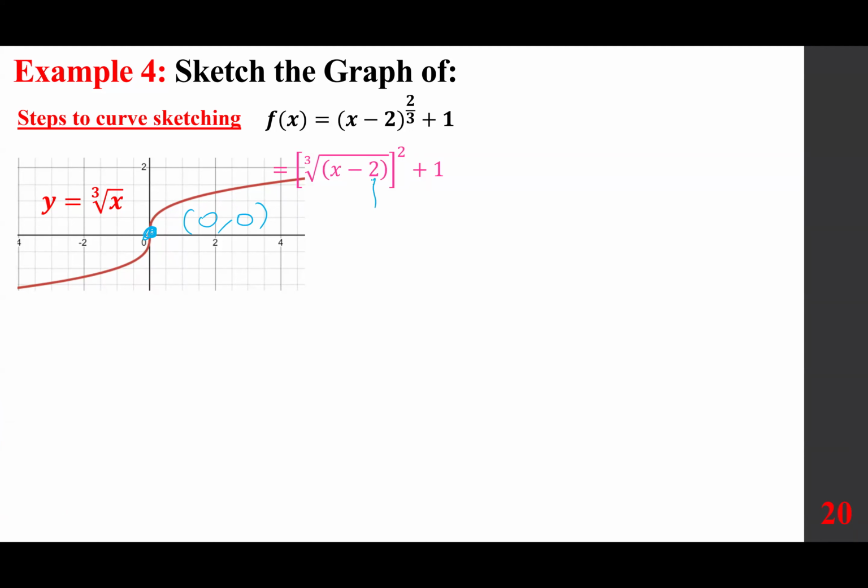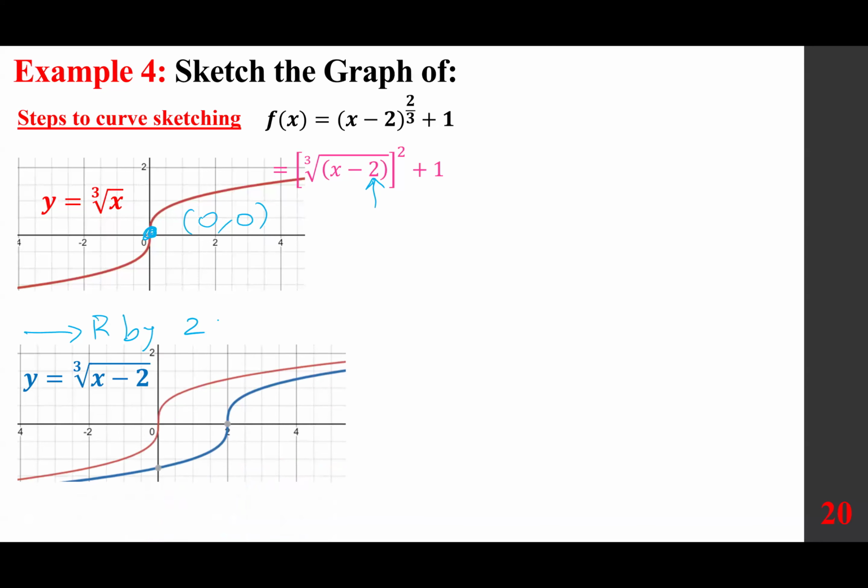The next thing, minus 2. So cube root of x minus 2 means shift right by 2 units. Take it to the right by 2 units. This is the graph.